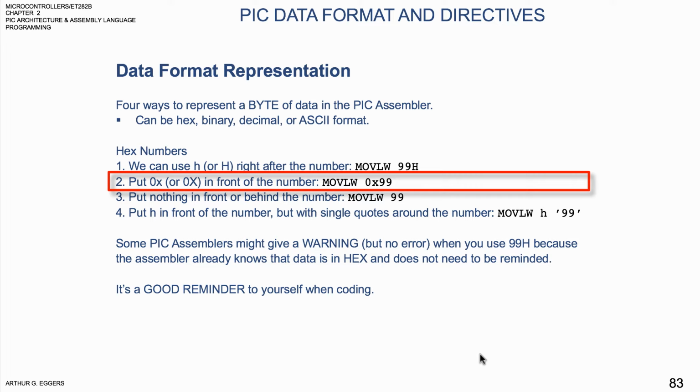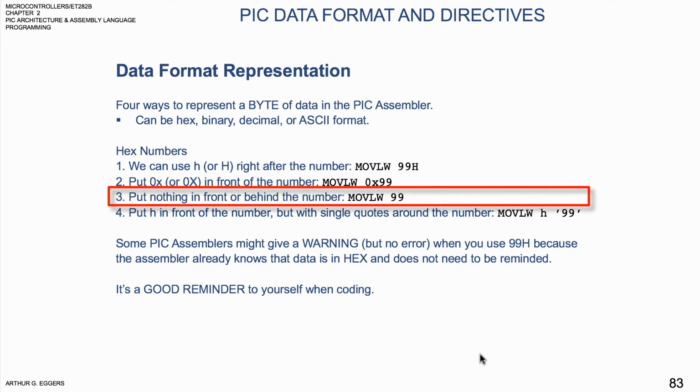It's just lots of ways that programmers use when they're writing code, what they get used to and what they're most comfortable with. Number 3, put nothing in front or in back of the number, like this, movlw 99. And we've seen that before too. It's like, okay, is that 99 a hex number or what is it?